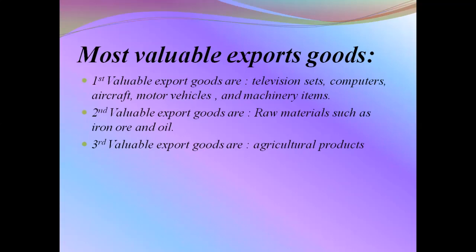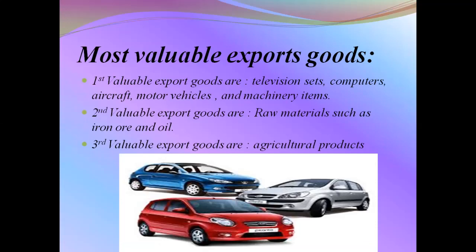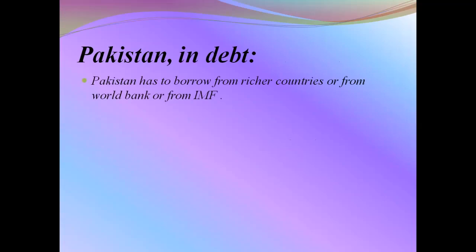Pakistan is in the third valuable category. So, my dear students, Pakistan has to import manufacturing products. That's why Pakistan is in debt. Pakistan has to borrow from richer countries or from the World Bank and also from the IMF.